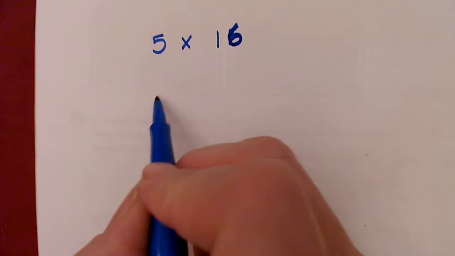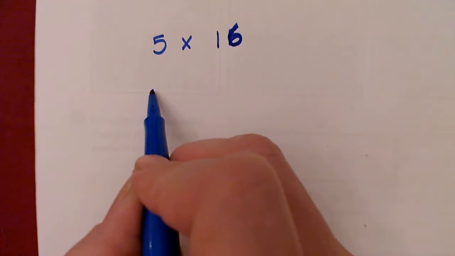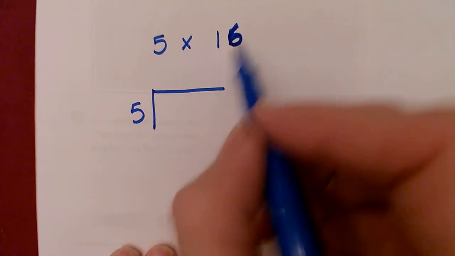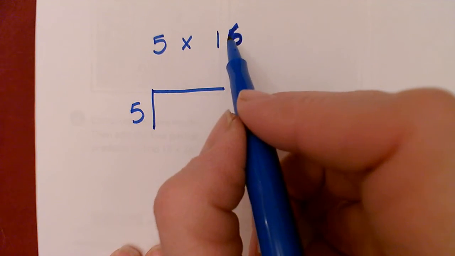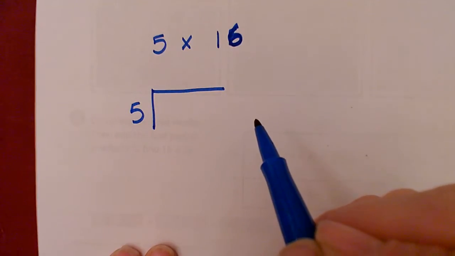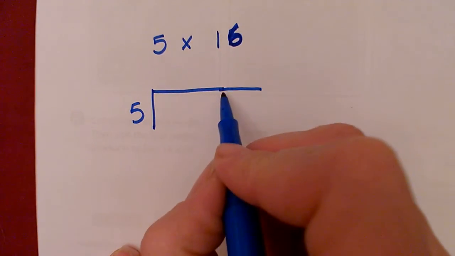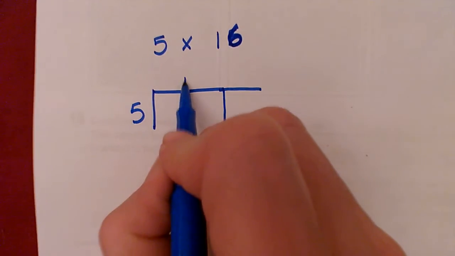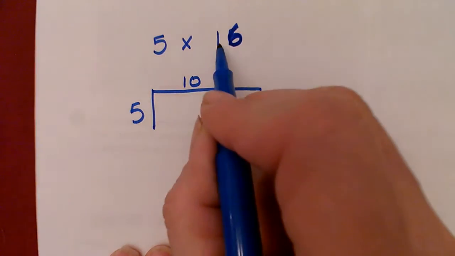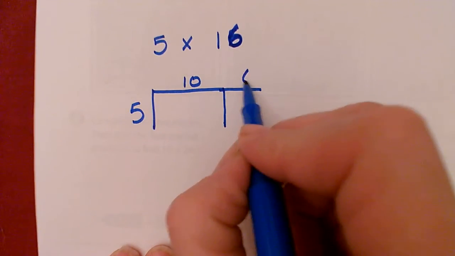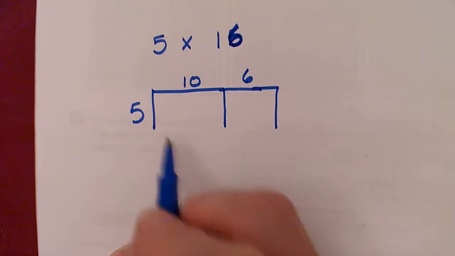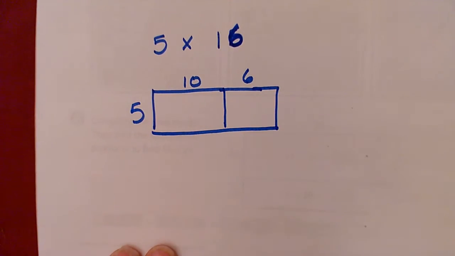I can use the area model, but now I'm going to still have my 5 here, but when I model this 16, I want to break it up into expanded form. I want to show my 10s and my 1s separately. So what I would do is I would have my 10, and then that's the 10s, and I'd have 6 1s.